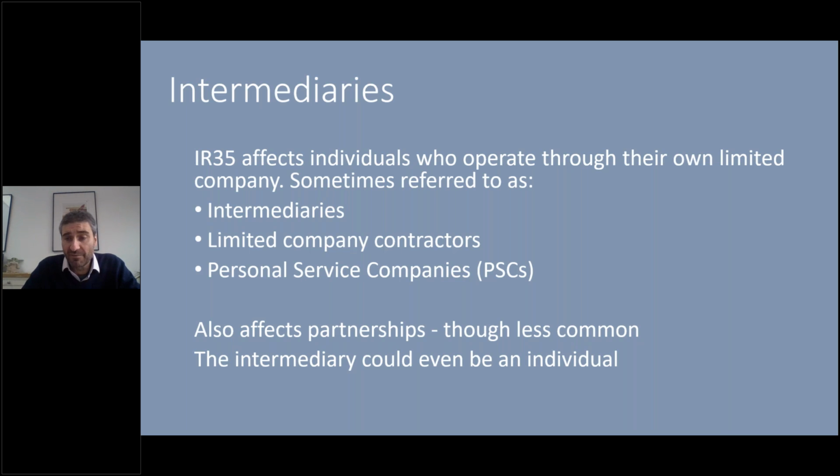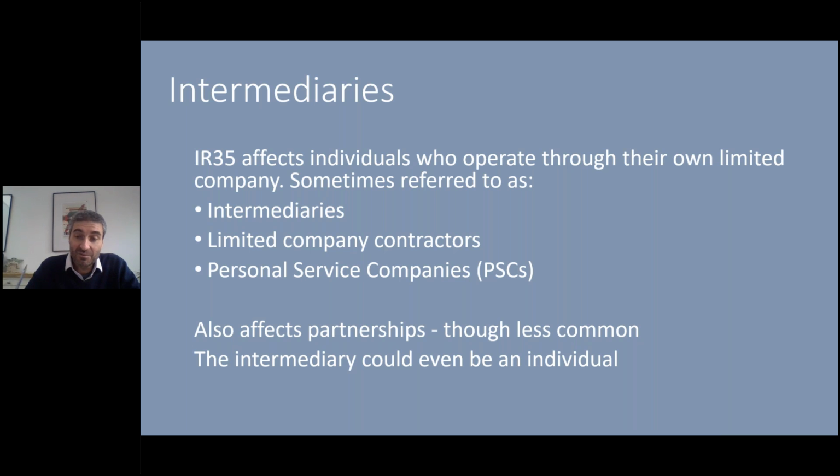It could also be, if you're working via a partnership, that it could apply there, or even another individual. So if an individual in the supply chain is providing services via another individual and the payments are flowing through that chain, then IR35 could apply in that instance as well. But mainly it's all about limited company contractors.